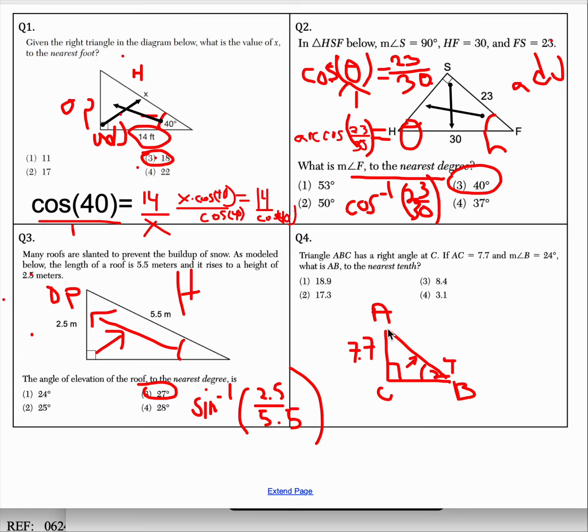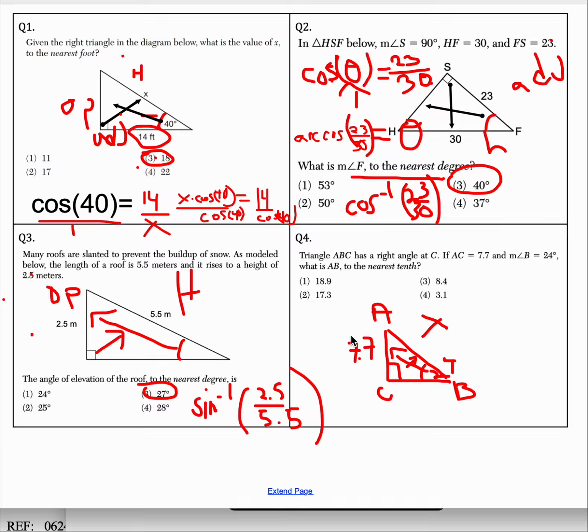And we want to know what AB is, this x over here, to the nearest degree. Okay, so we have an angle and we have an opposite side, and we're looking for the hypotenuse. That's the first thing I always do. I do my arrows and then I look at what do we have, and what relationship is that, and then what operation am I going to use in that relationship.